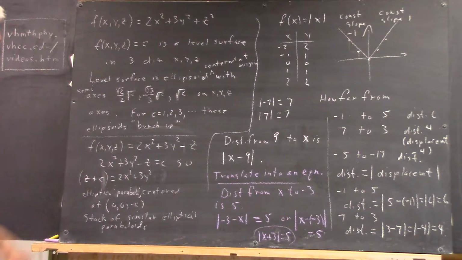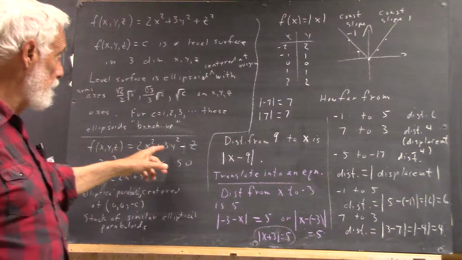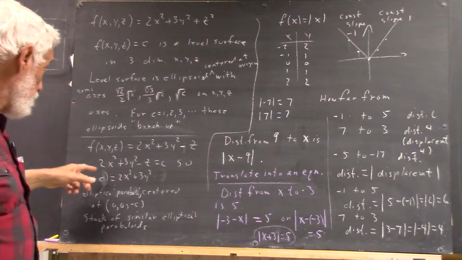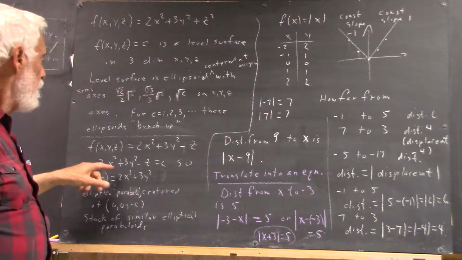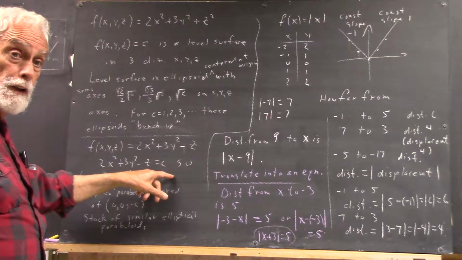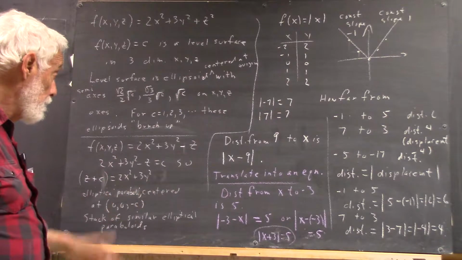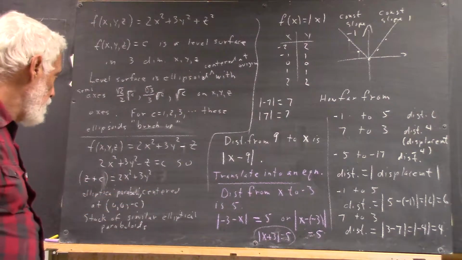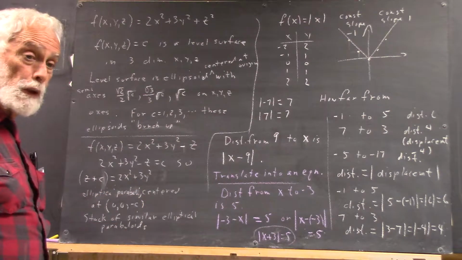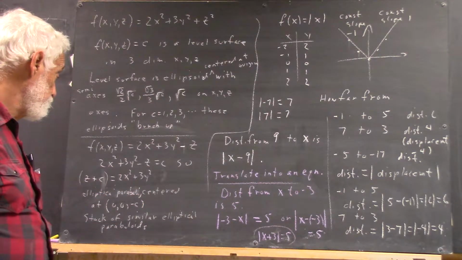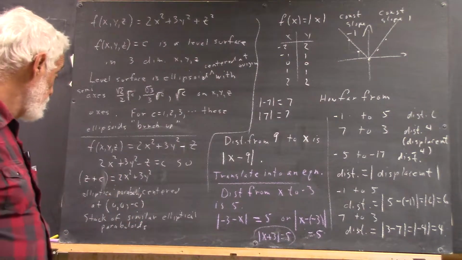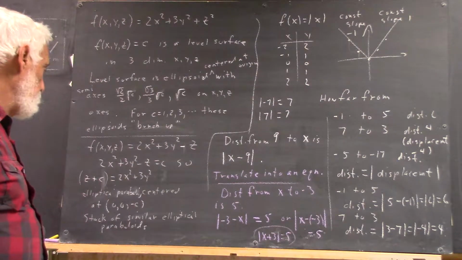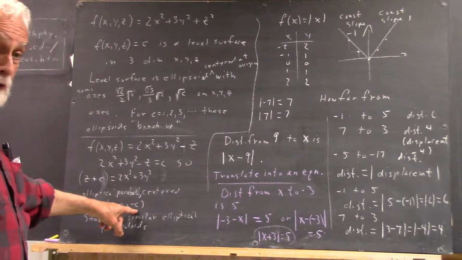Looking at another example, f of x, y, z equals 2x squared plus 3y squared minus z. The level surfaces would be 2x squared plus 3y squared minus z equals c, and that's easily rearranged to z plus c equals 2x squared plus 3y squared. Now, 2x squared plus 3y squared is an ellipse, and this will be an elliptic paraboloid centered at 0, 0, negative c.